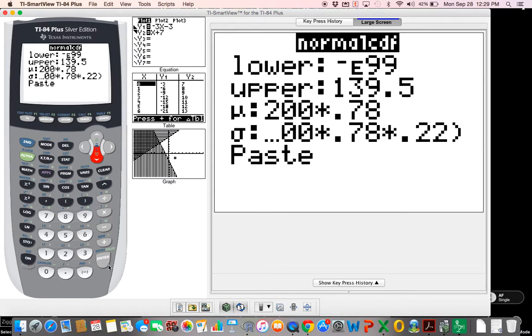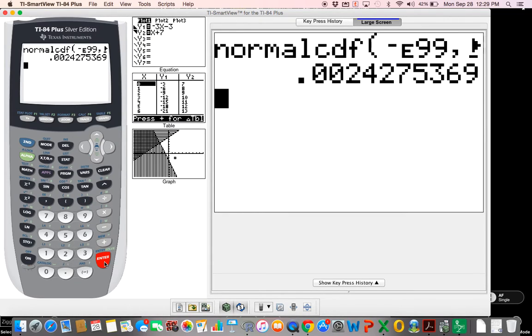Come down, hit paste, and go enter. So 0.0024 would be the answer. All right.